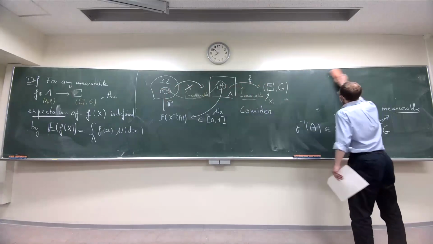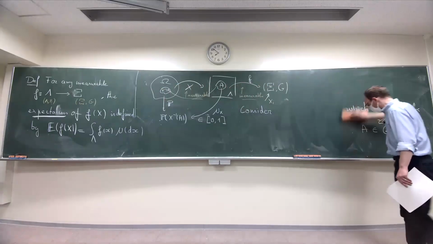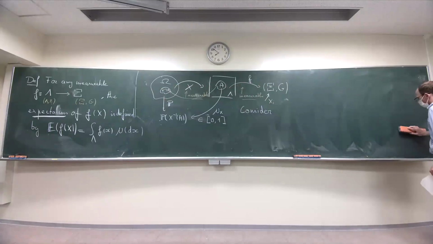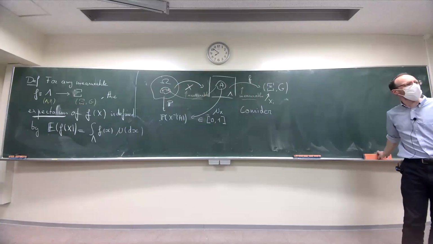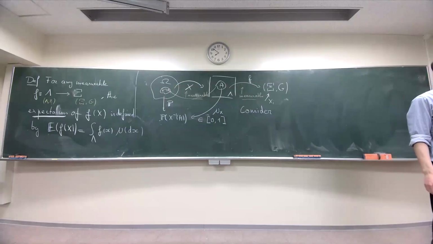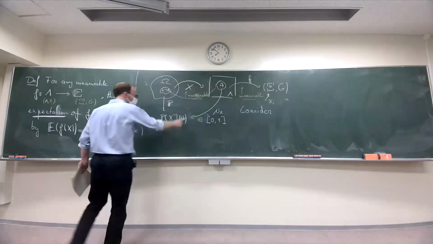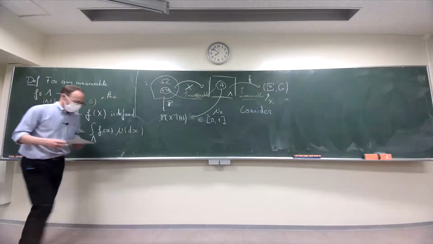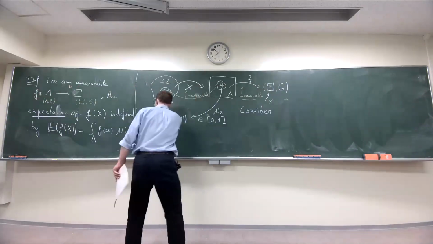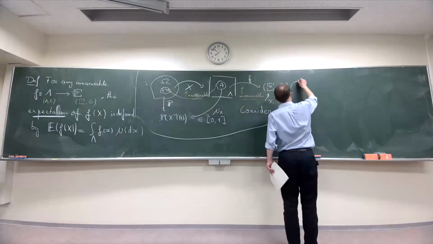You know, you have seen only the Riemann integral. Has anybody seen Lebesgue integrals? Okay, so in a sense, this is a Lebesgue integral. So what is it? It's good to introduce this.